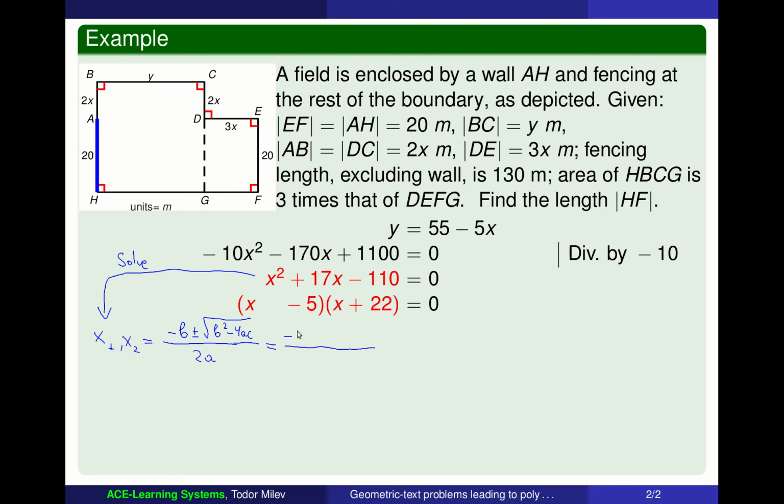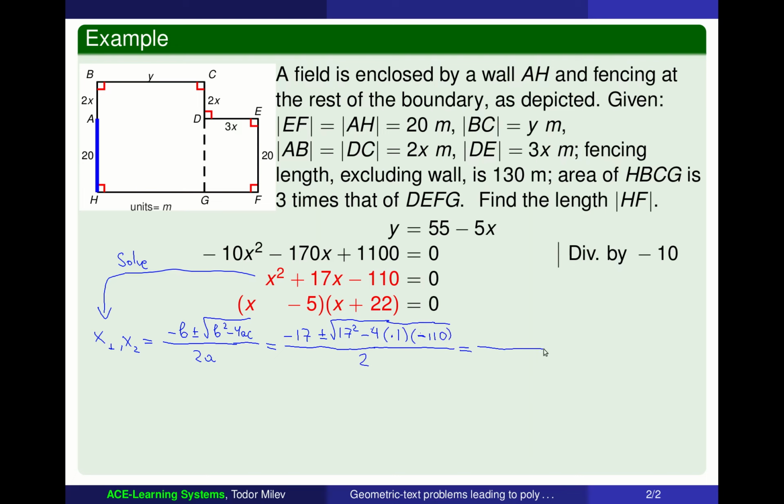So, negative 17 plus or minus radical of 17 squared minus 4 times 1 times minus 110, the whole thing divided by 2.